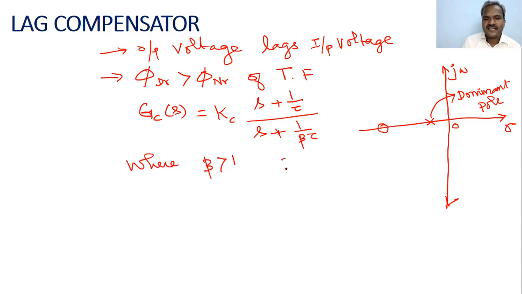The normal range is 3 to 10. Beta and tau are constants.